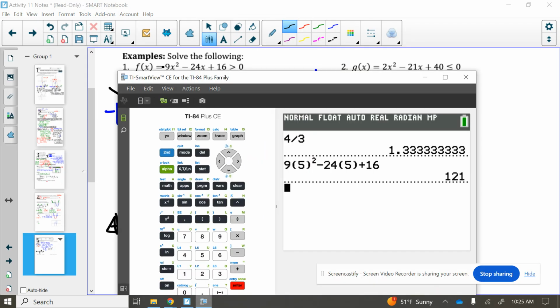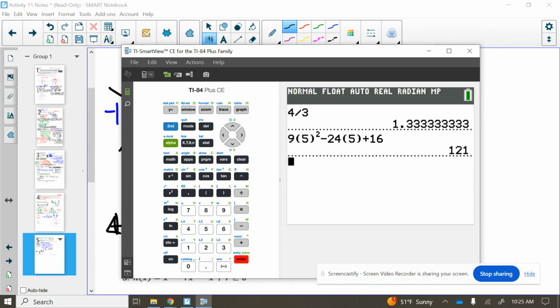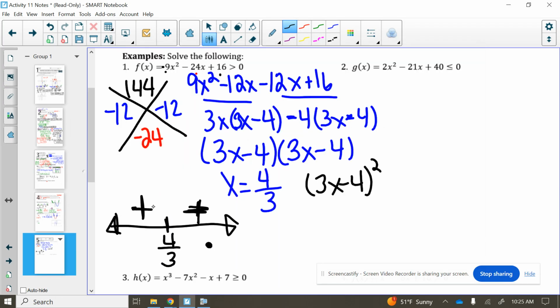And then if we test a number that is less than 4/3, so let's say we test -5, because we know that that would be on that range as well. We need parentheses around this before we square. Minus 24 times -5, and then plus 16. We see, again, we get another positive number. So this one's basically going to bounce back at our 0.